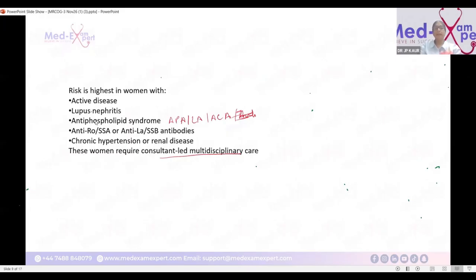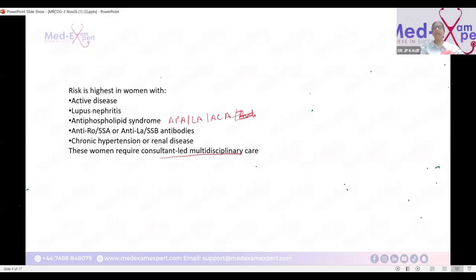And risk is highest in the women who have active disease, who have antiphospholipid syndrome, who have lupus nephritis, anti-Ro, anti-La antibodies, chronic hypertension or renal disease. So this is which women have the highest risk. In this woman also, though lupus nephritis was there in the past, she has the antibodies. So risk is high in this woman.